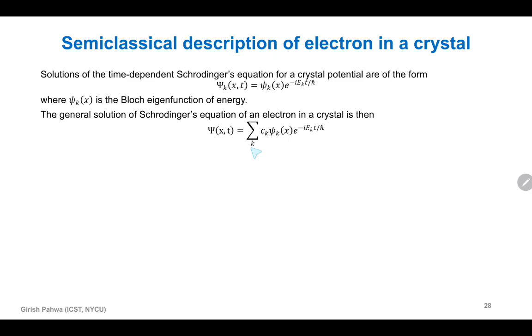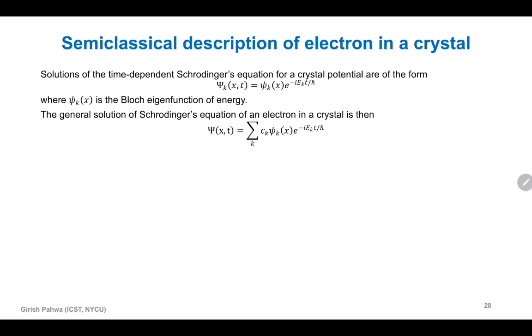So when I am summing up over k, I can simply take k from minus pi by a to pi by a. I can contain all possible values of k, all unique Bloch wave functions, only within one Brillouin zone. After that it will just be a repetition, so you don't need to add that again, right? Okay, so this k is over one zone.